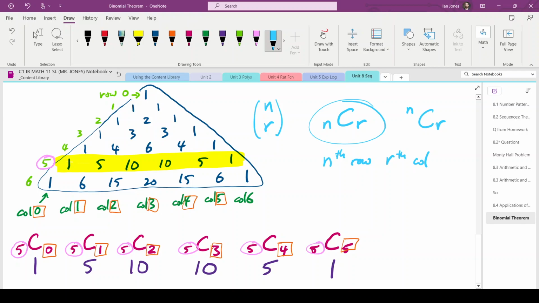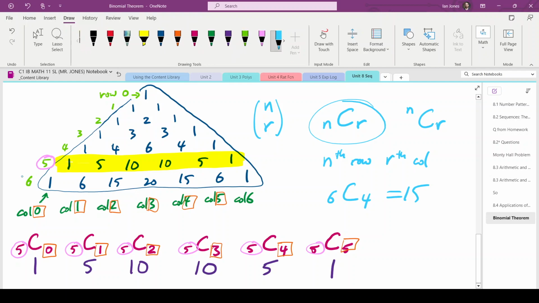This Pascal's triangle can be a very quick way to compute certain n choose r values. Okay, so for example, let's suppose I wanted to know 6 choose 4. I just go to row 6, column 4. The answer is 15.